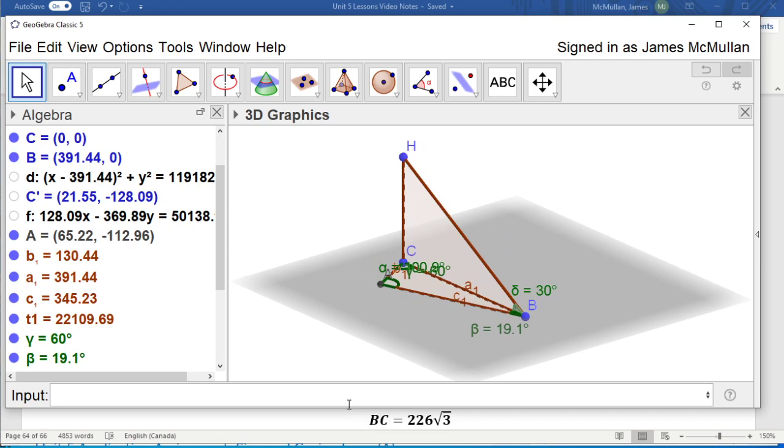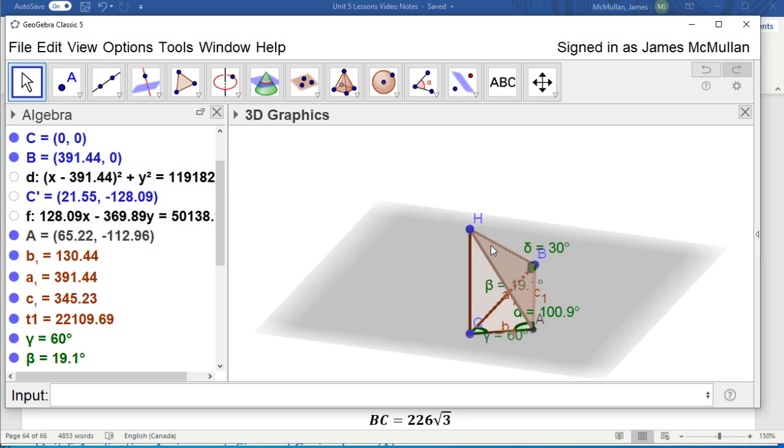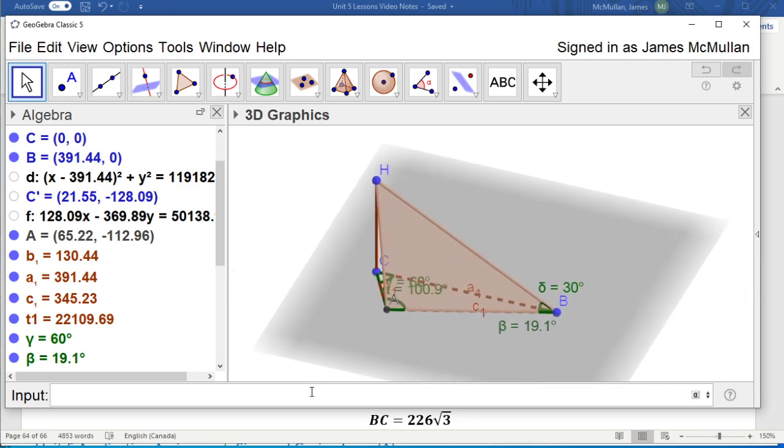Let's make another polygon, HAB. Okay, so that's the triangle that's facing us in the picture. And I believe the angle at the top of this one, BHA, is 49.5.